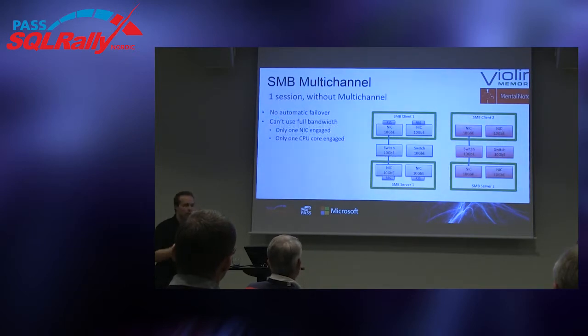Another thing is that even though they now have teaming, it still requires maintenance and you need to set it up. They have what's called multi-channel. Multi-channel means that when the SMB client, let's say the SQL Server, contacts the file server, it says, hey, by the way, are you an SMB3 server? And the server says, yeah, I am. So the client says, well, give me a list of all your NICs and all the capabilities, and the server returns that, and the client will realize, you know what, you have a NIC on a different subnet that I can also connect to.